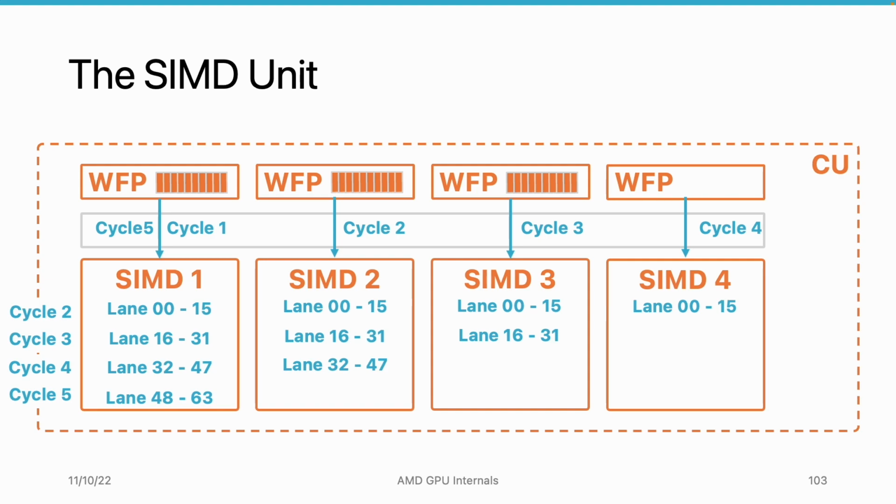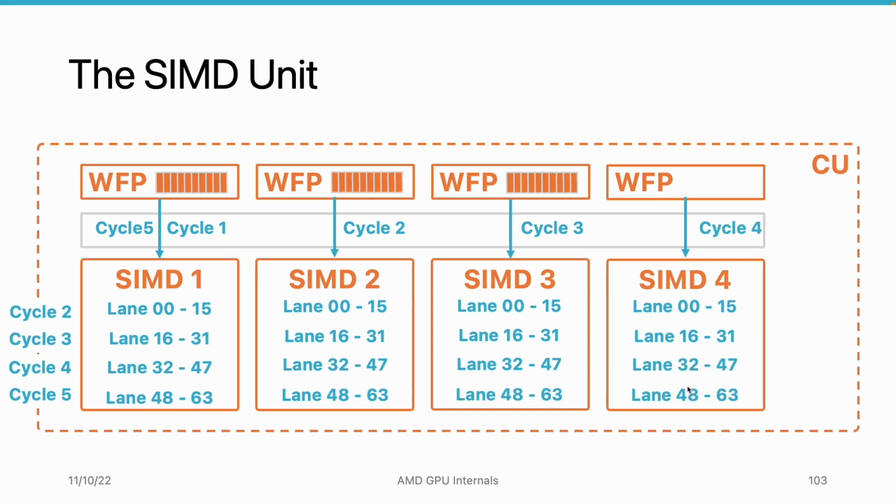Since we need 4 cycles to execute each wavefront-level instruction, and we have 4 SIMD units, and the instruction issuing is a round-robin process, we actually have a perfect matching of the speed that the SIMD units can run and the speed at which the instruction issuer can issue instructions. So it's a perfect balance. It can reach the highest computation throughput.